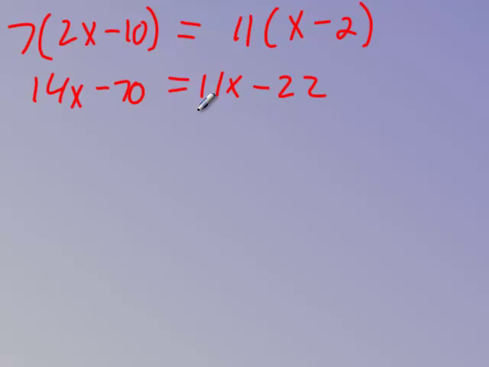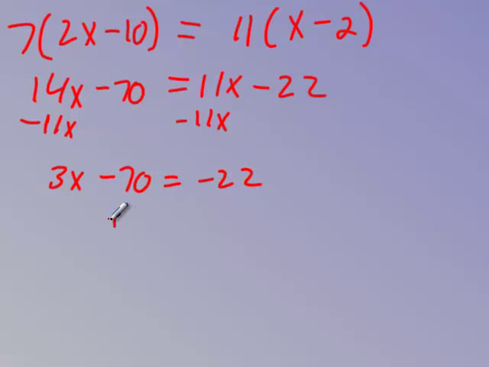Go ahead and subtract 11x from both sides. So I have 3x minus 70 equals negative 22, and then I'll add 70 to both sides.